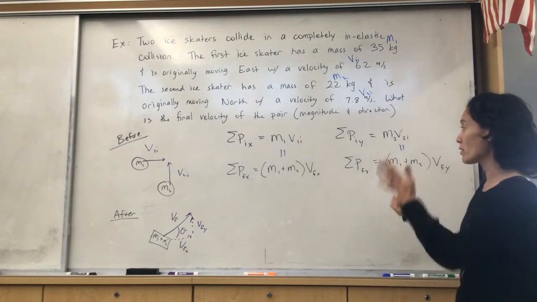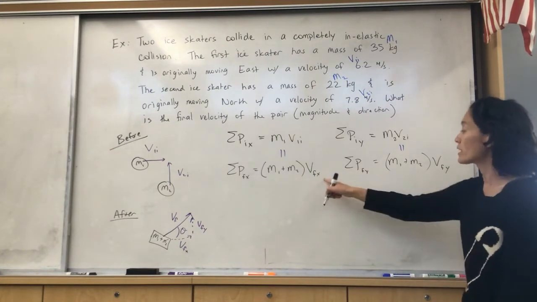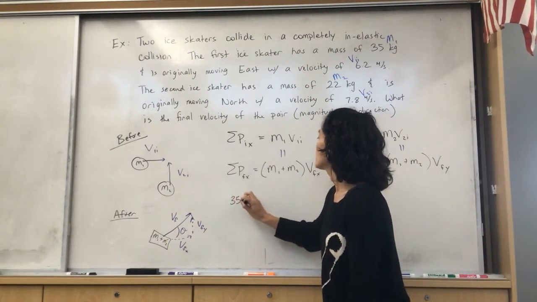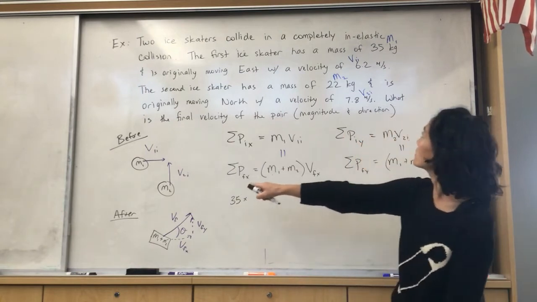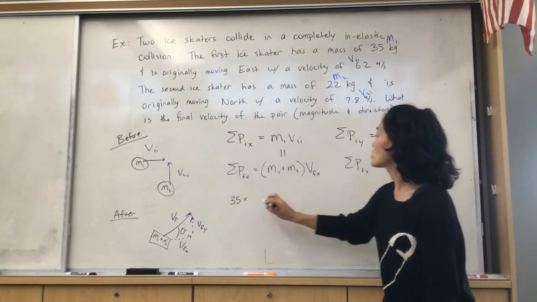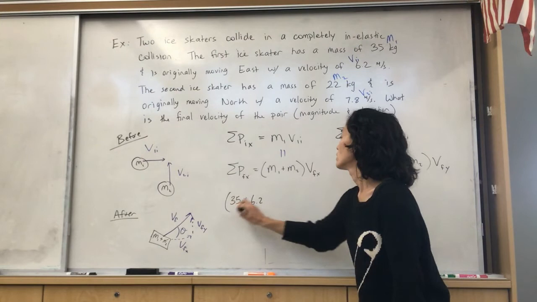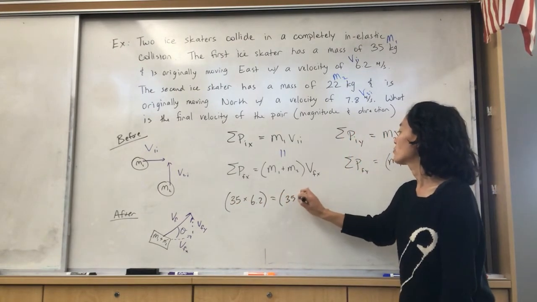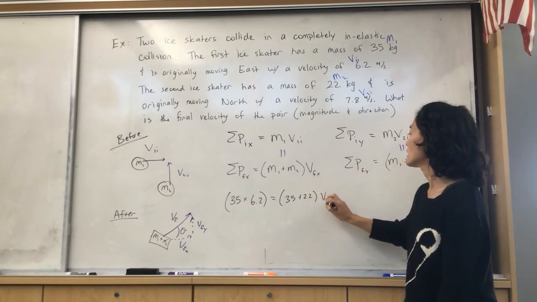So I have all the numbers. I can find v final x and v final y. So this would just be 35 times the initial velocity of this guy, 6.2, equals my total mass of 35 plus 22 times v final x.